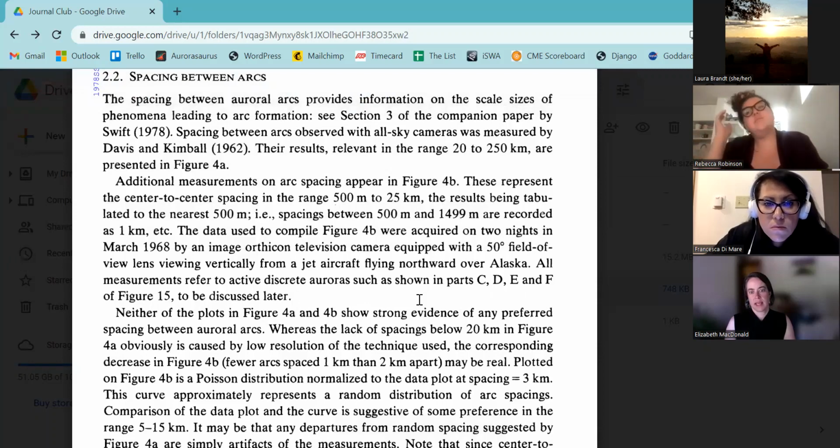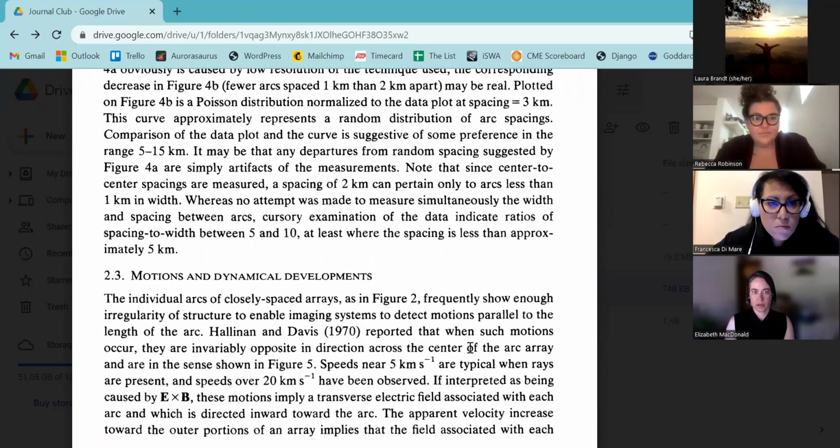It's something that can be measured by our aurora chasers, as well, the distances between arcs and what controls that spacing. Still not fully understood today. I think we should skip that part though.